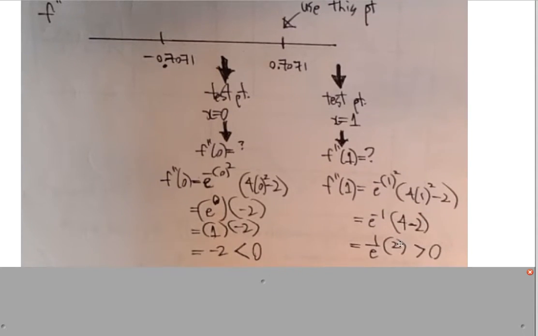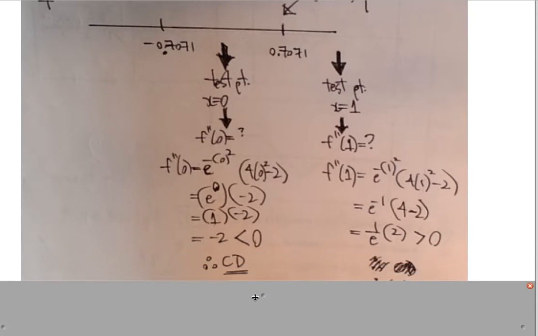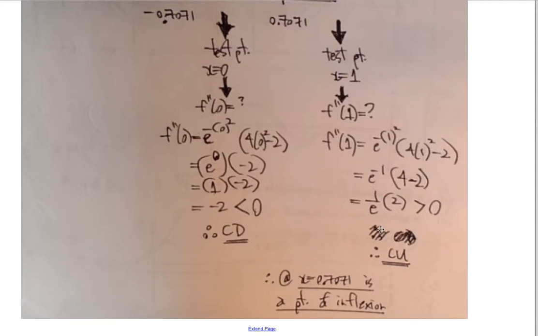And sure enough, we have a positive value multiplied by another positive value. You can use your GDC to prove it's greater than 0 if you're not totally sure. So we have concave down and concave up. And therefore, at x equals this particular value, there is a point of inflection. And that's what we were required to do.